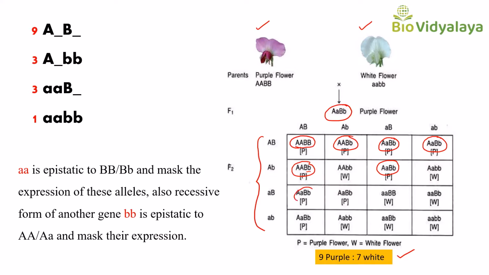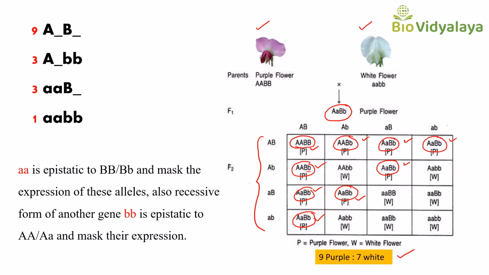So 1, 2, 3, 4, 5, 6, 7, 8, 9. So here 9 purple. Okay.